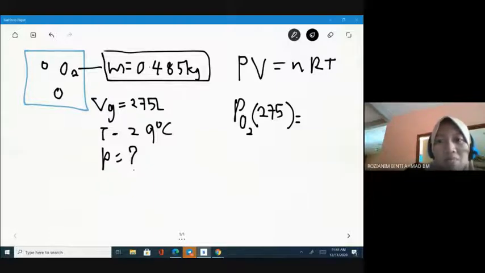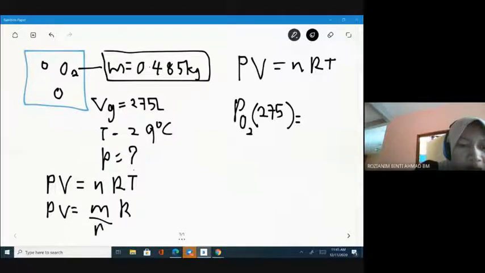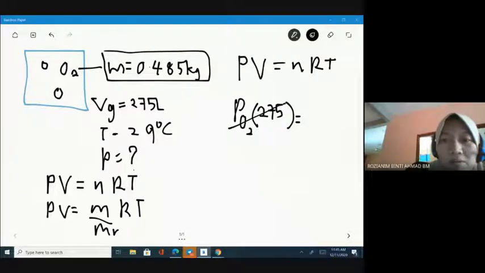So this mass must be converted into moles using molar mass, but we already have the formula PV equals nRT, and we substitute the formula PV equals m over Mr times RT. So substitute the mass first, in grams. So I write again.